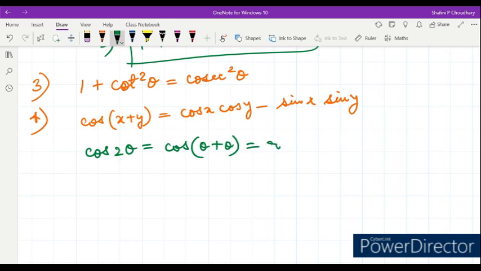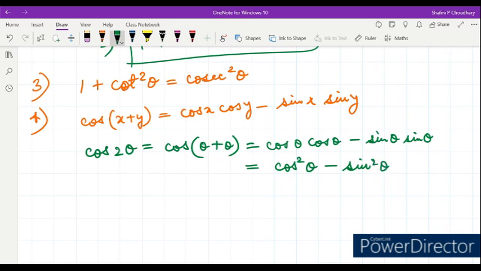So using the formula we'll get cos theta cos theta minus sin theta sin theta. Okay, so what we got? Cos square theta minus sin square theta. So one more formula we derived, and that is cos 2 theta will be equal to cos square theta minus sin square theta, right?